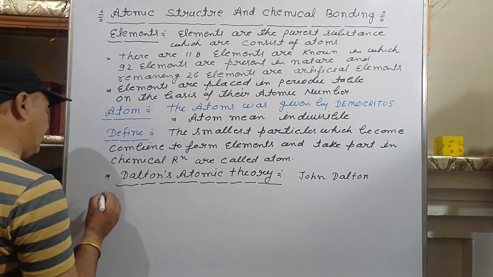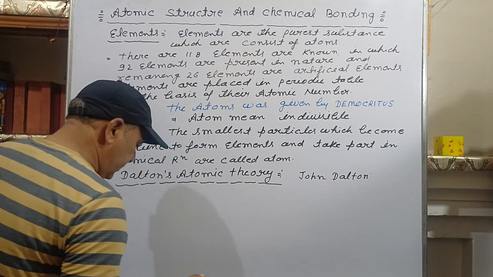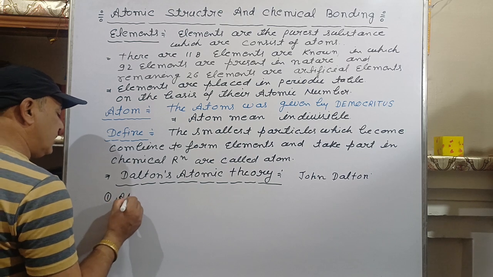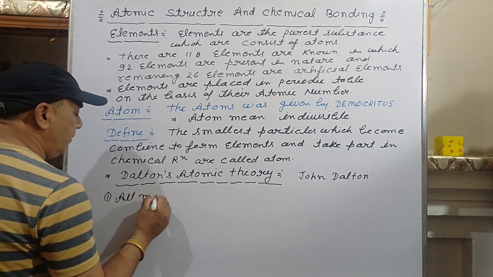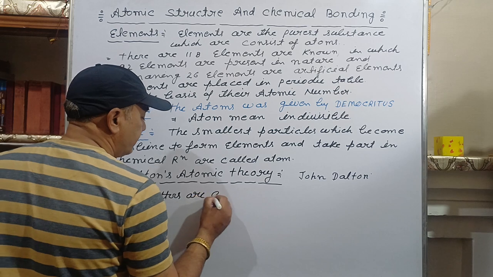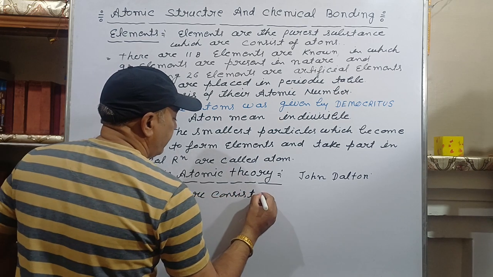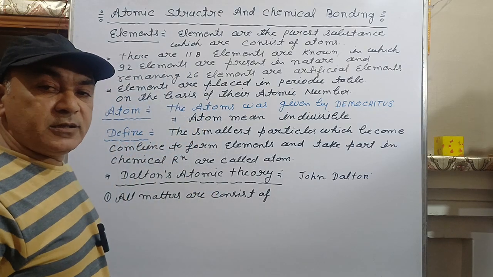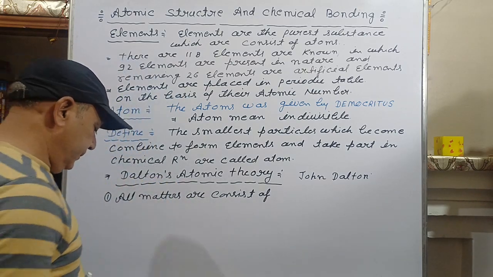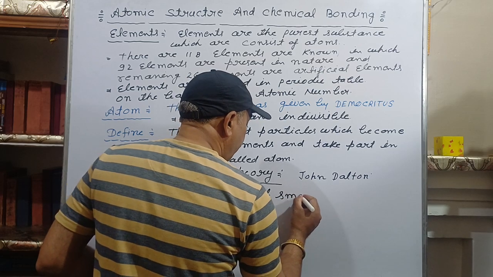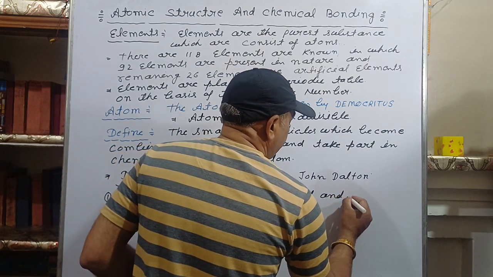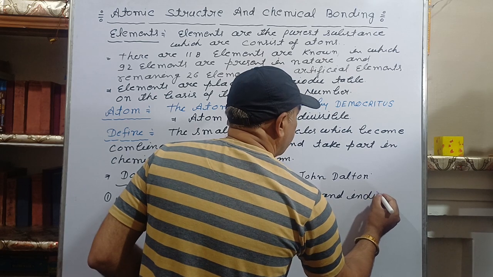The main postulates of Dalton's atomic theory are as follows. According to Dalton's atomic theory, the first postulate is: all matter, anything which occupies space and has mass, consists of small and indivisible particles called atoms.